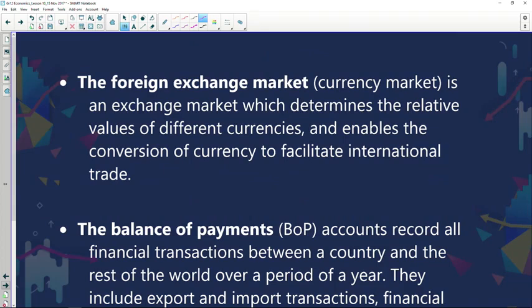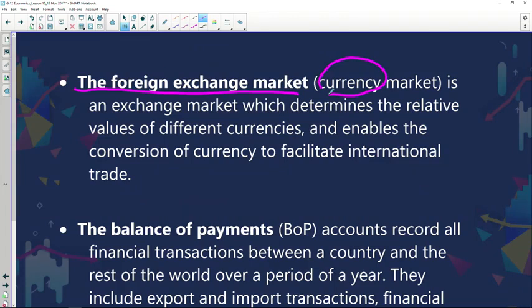So we're looking at the foreign exchange market. That's our first concept that we're going to look at. Perhaps let's start by defining what the foreign exchange market is. It is also known as the currency market. Remember, in our previous lesson, we looked at the whole issue of inflation and also countries trying to influence the value of their currency by buying currencies and selling them.